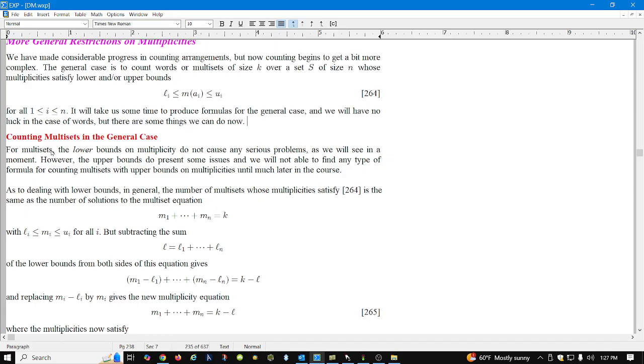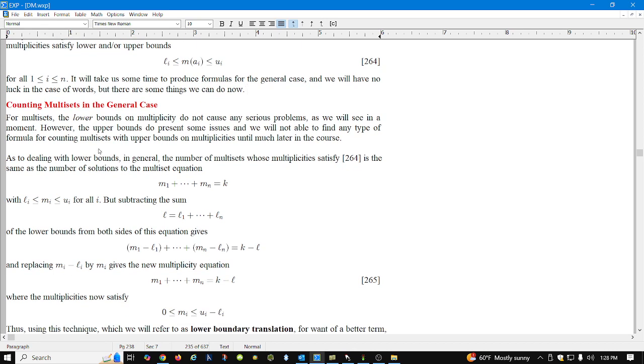For multisets, the lower bounds on multiplicity do not cause any problems, and I'll show you that in a minute. The upper bounds, however, do present some issues, and we're not going to be able to deal with those issues until much later in this course. Okay. We need some more mathematical machinery.